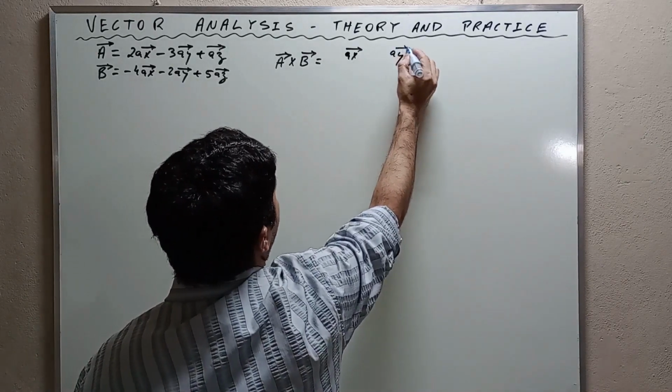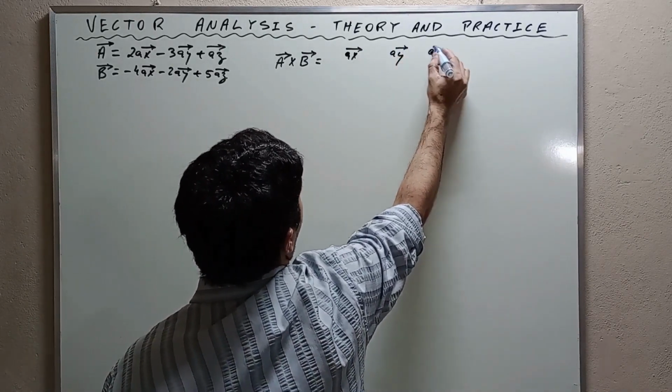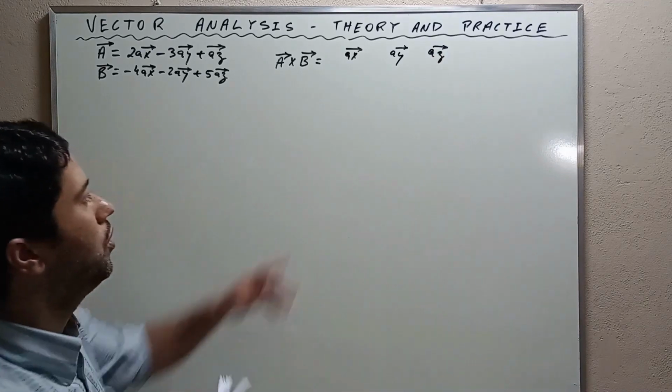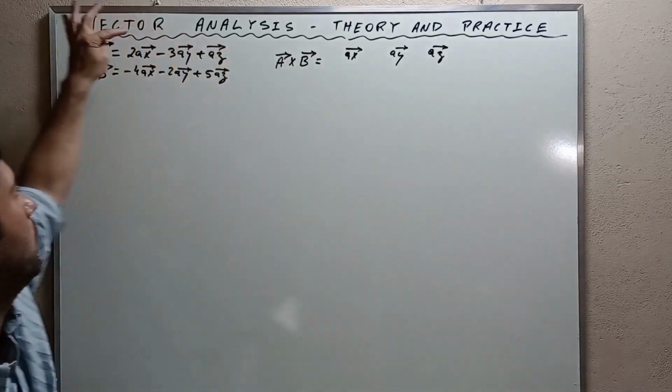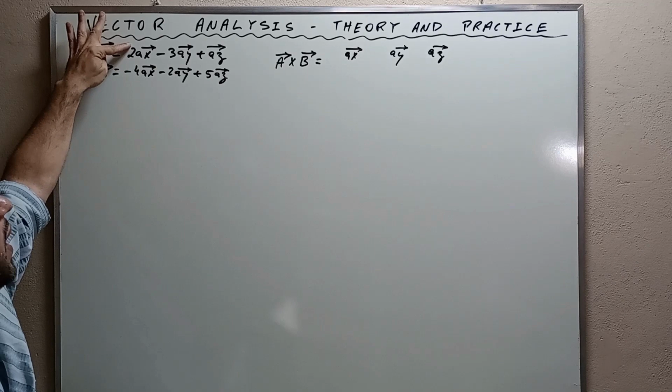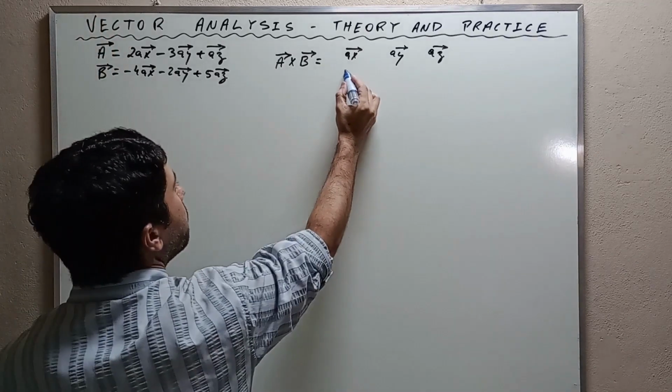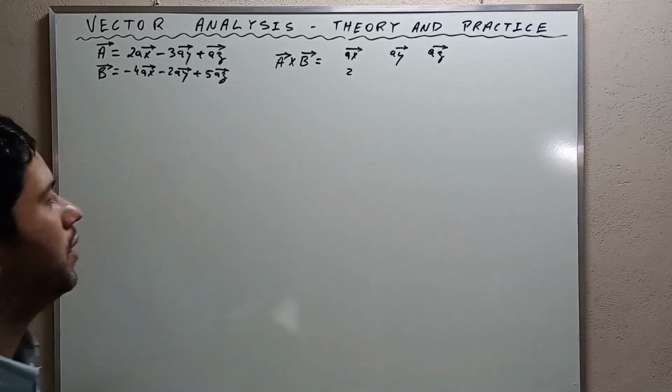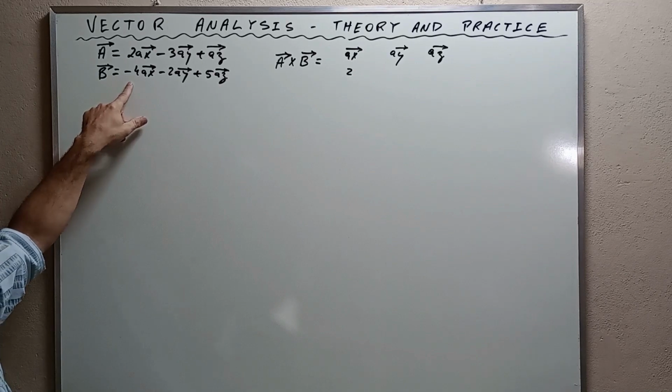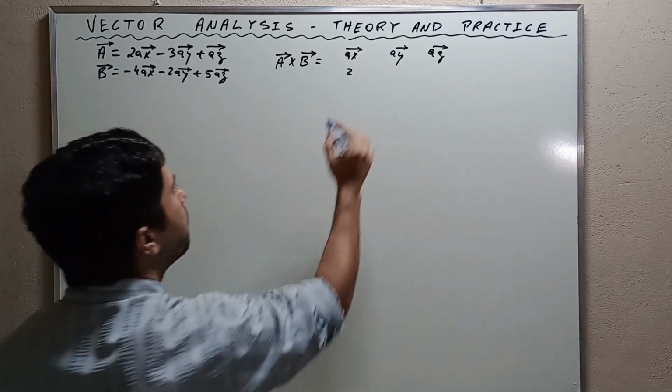The rule of Sarrus is this: A cross B will be equal to the unit vectors in the x direction, the y direction, and the z direction. Below here we put AX. AX is 2. And below AX we put BX, and BX is -4.